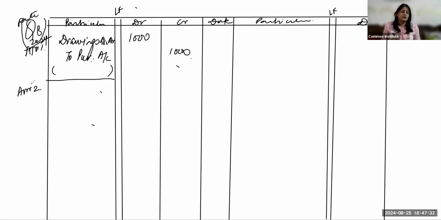April 2, Atri. Aditya. Yes, ma'am. So goods distributed as sample. So that would be, I guess, free sample account to purchases account.